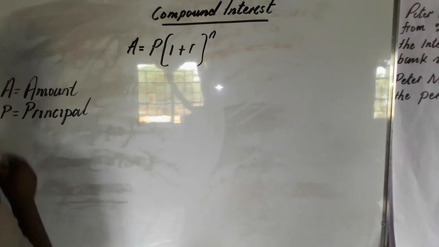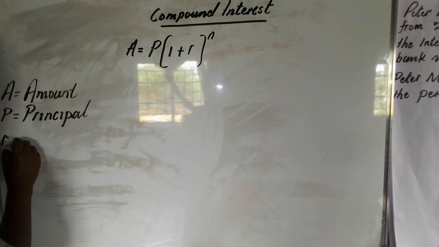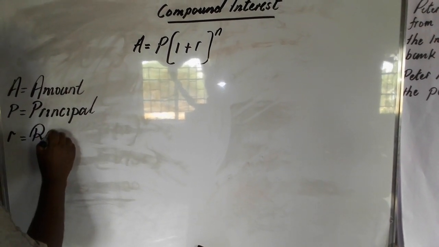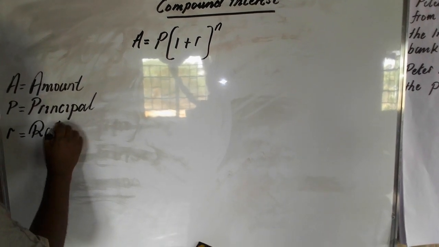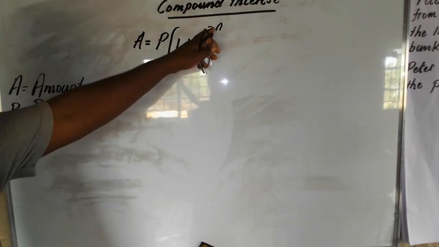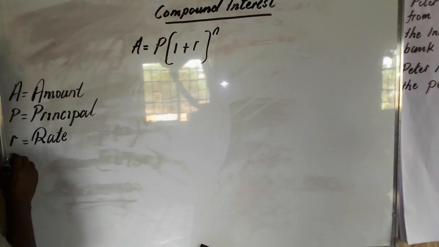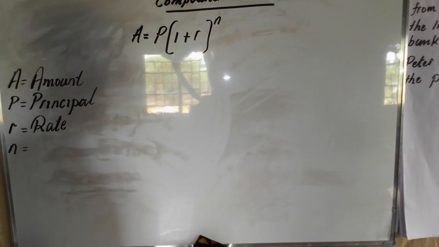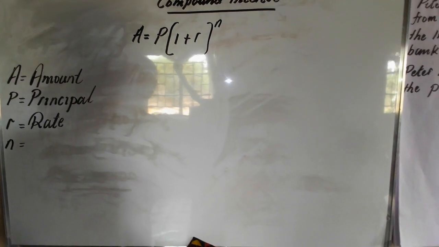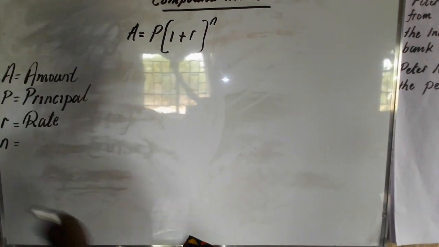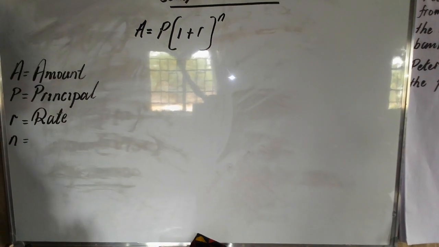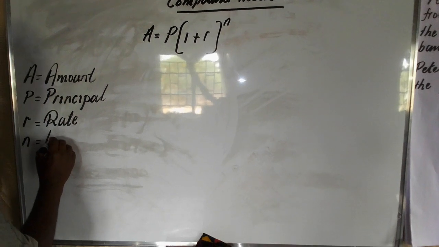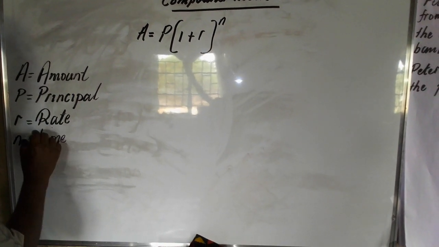Then the R is the rate. The N is the number of times, or the number of periods when this amount is supposed to be paid back. So we are going to term it as our time.